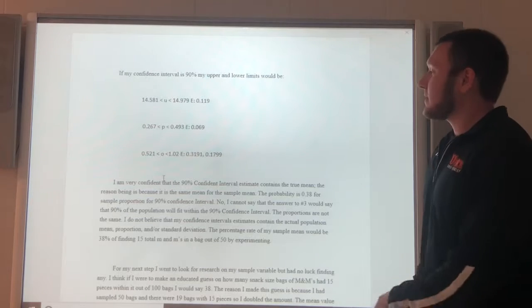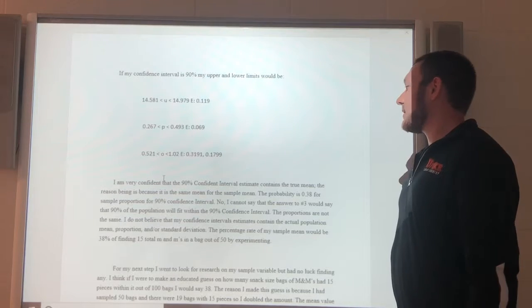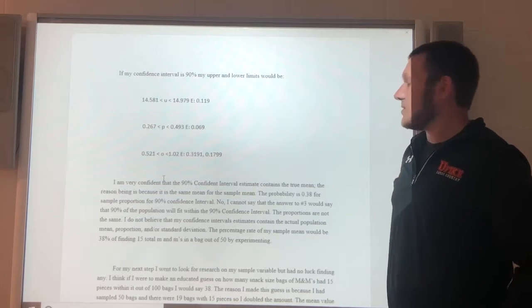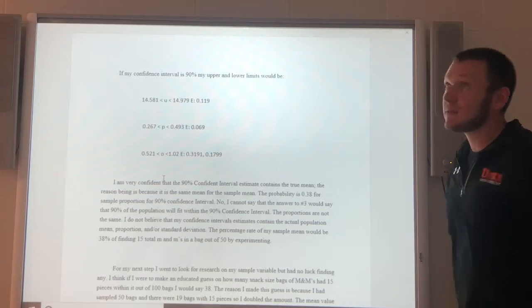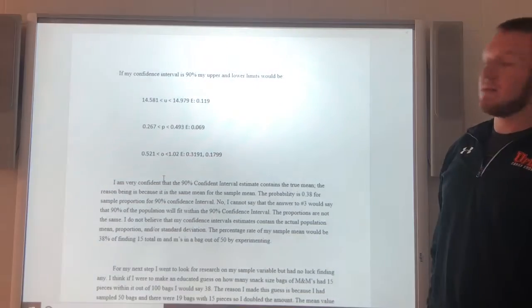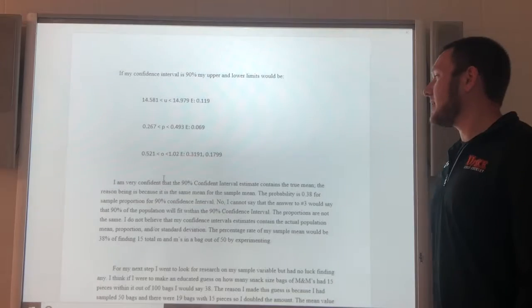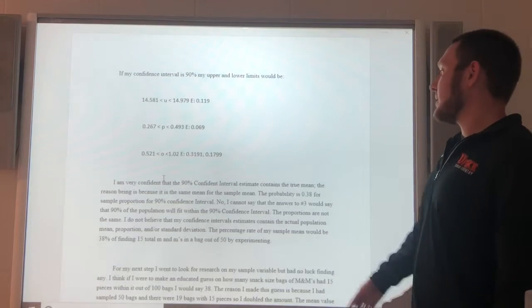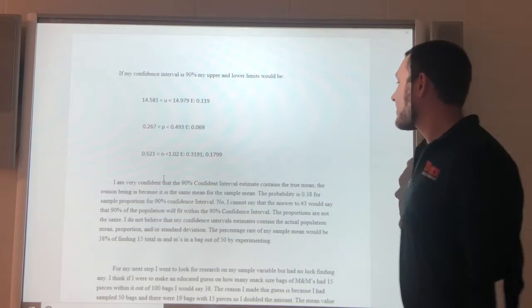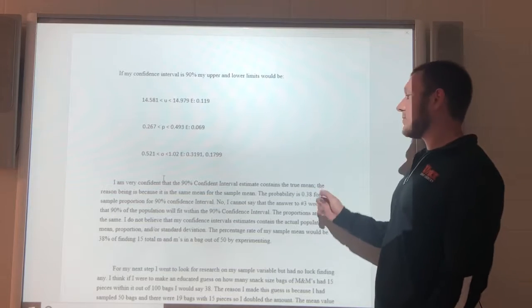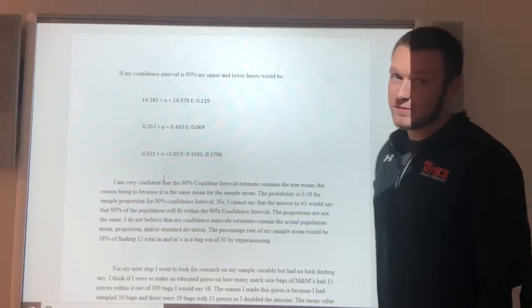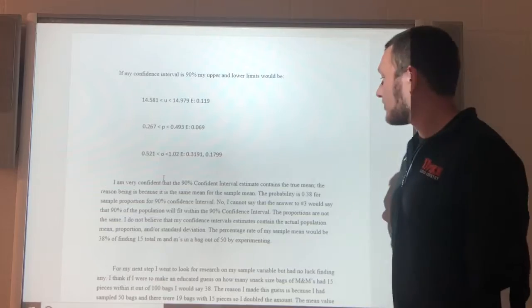After looking at this, I'm very confident that my 90% confidence interval estimate contains the true mean. The reason being is that if the mean is the same as the sample mean, the probability is 0.38 for the sample proportion of the 90% confidence interval.